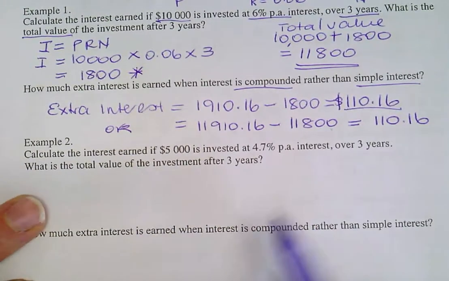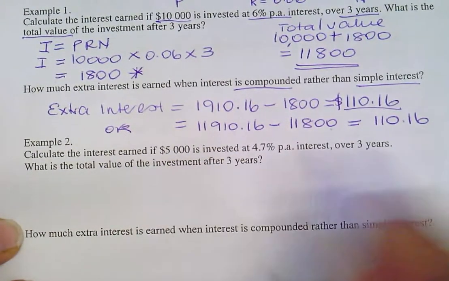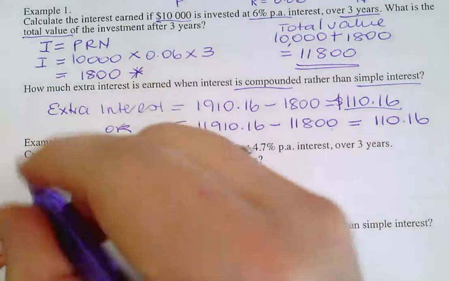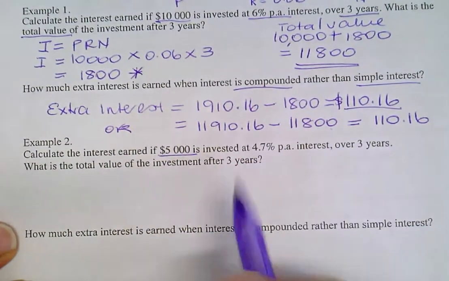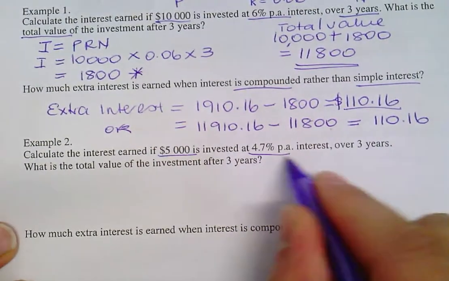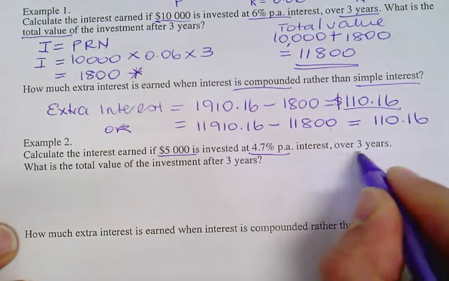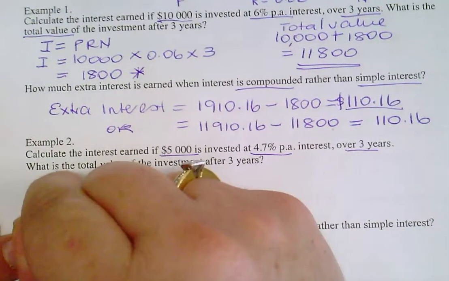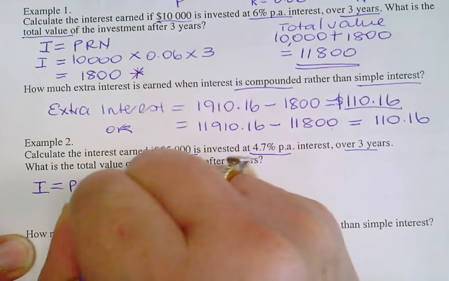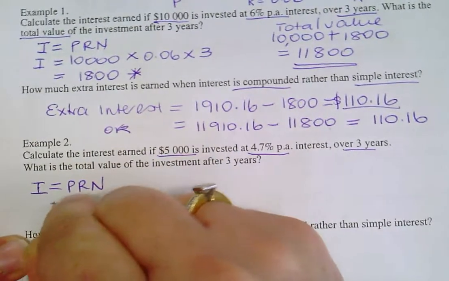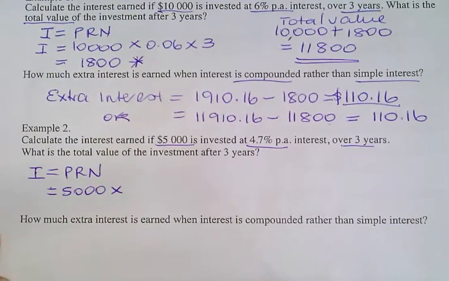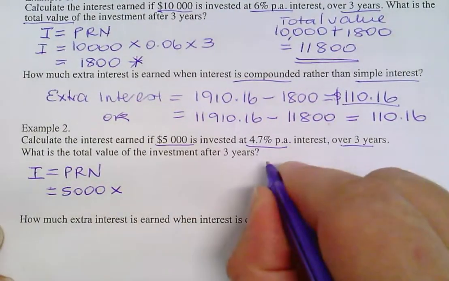Now, compare example 2. If we're now doing example 2 again with simple interest as opposed to compound interest. So if we invest $5,000 at 4.7% per annum interest over 3 years, if it does not say compounding, it's simple interest, okay? So simple interest formula, I equals PRN. The principal is 5,000. What's the rate? What's the interest rate?